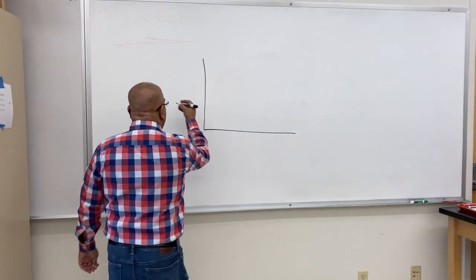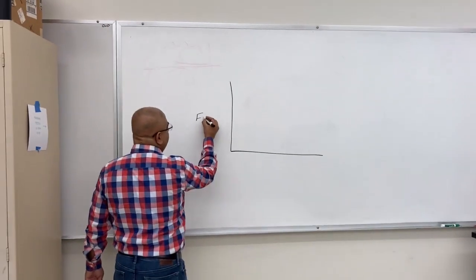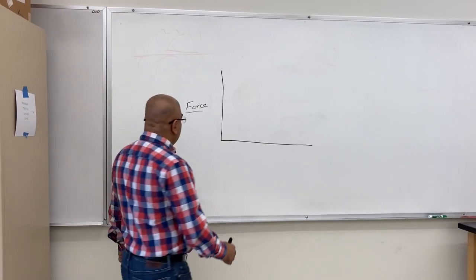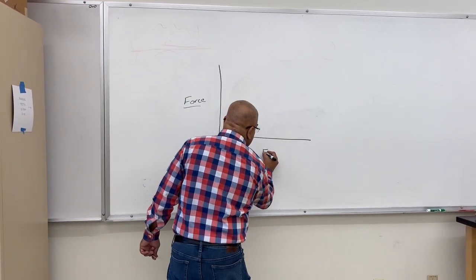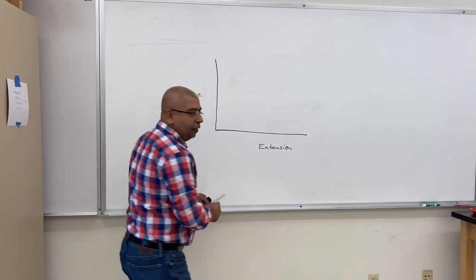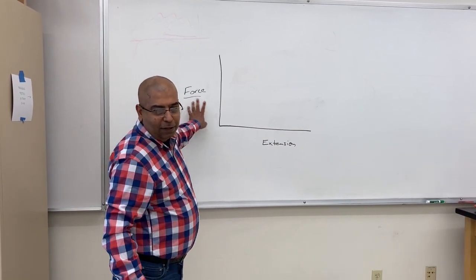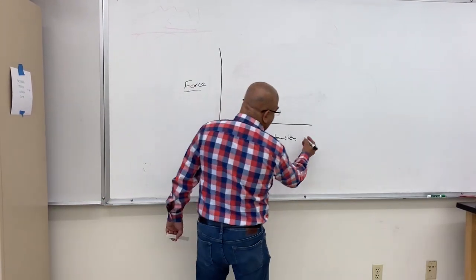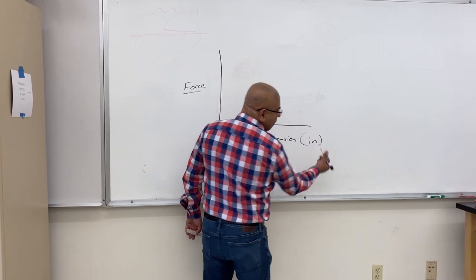So let's say our force is on the x-axis, right? And our extension of the material, sorry, let me say it again. Our force is on the y-axis and our extension is on the x-axis. So what is the unit of extension? It's length, right?